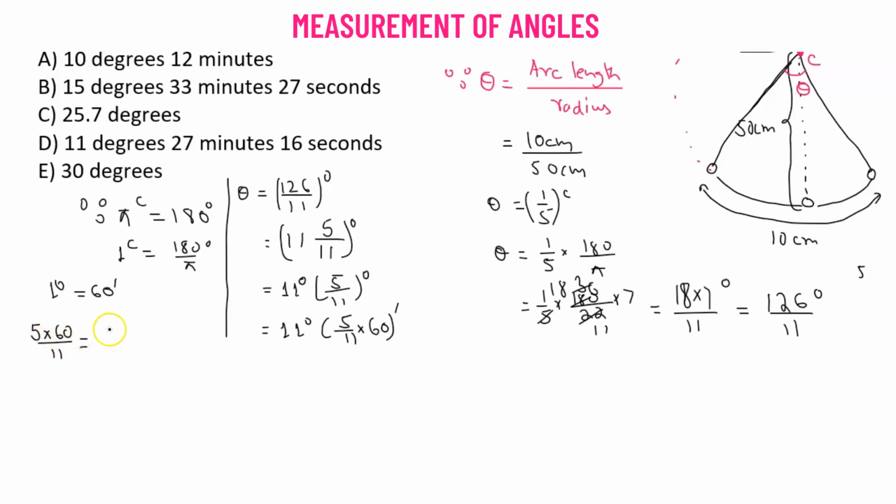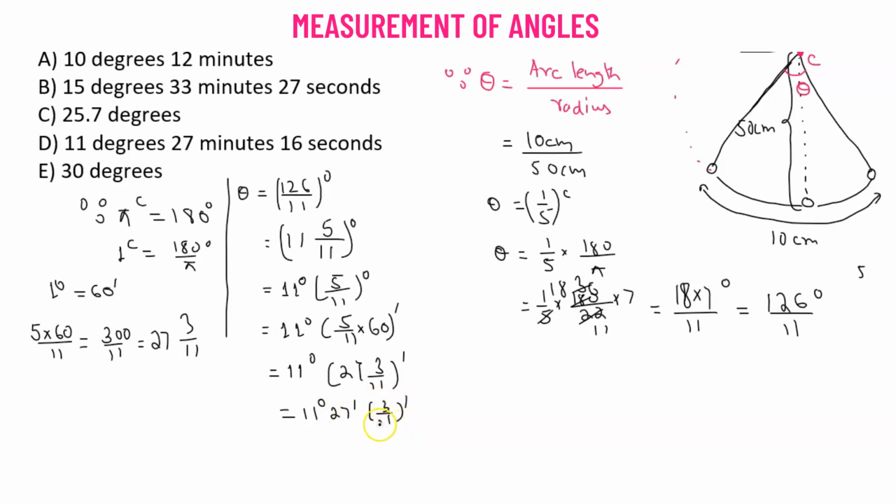So that's going to be 300 over 11. If we want to express this in mixed format, this will be 27 3 over 11, which means that we have 11 degree, and 5 over 11 times 60 can also be expressed as 27 3 over 11 minutes, which means we have 11 degree, 27 minutes and 3 over 11 minutes.